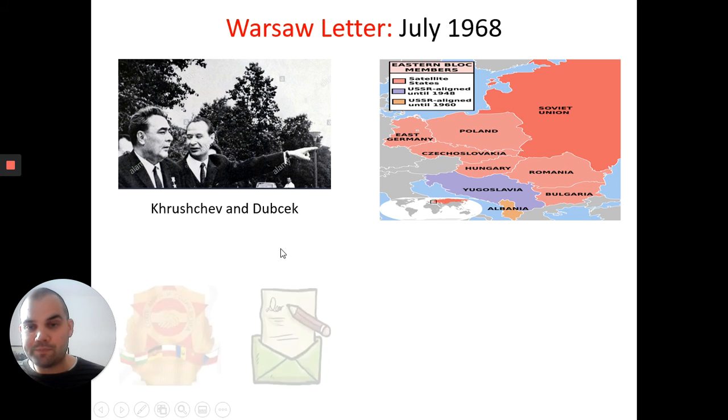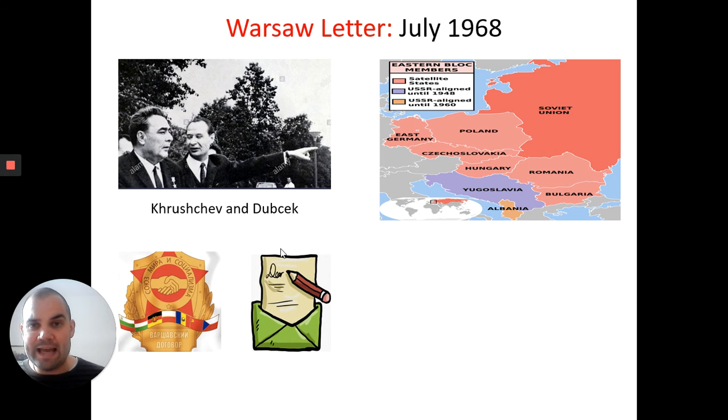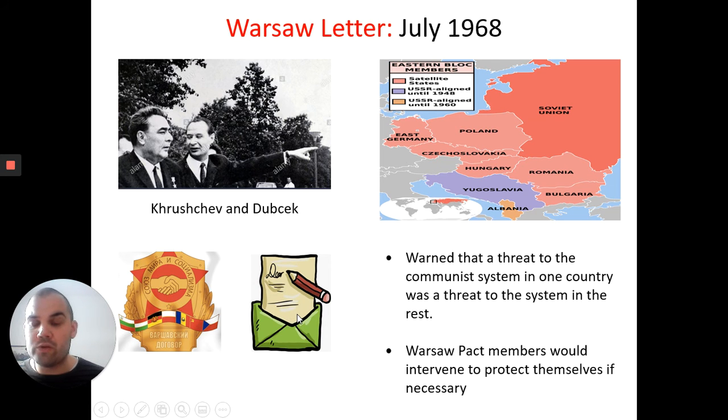Now, what then happened at the end of that conference in Warsaw in July 1968 is you get this famous Warsaw Letter. To simplify it, what did the Warsaw Letter actually state? It warned that a threat to the communist system in one country was a threat to the system in the rest, and that Warsaw Pact members would intervene to protect themselves if necessary.